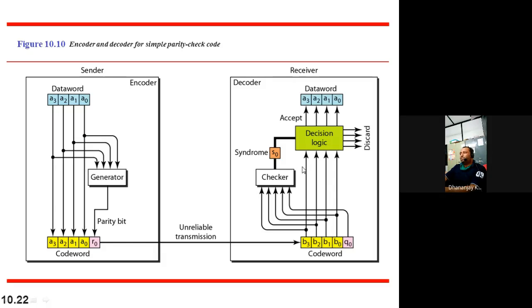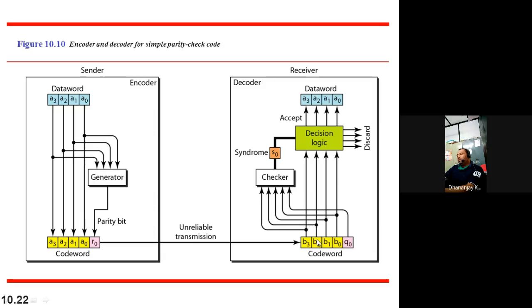decision block. That means all the data will be available here, but it will not go to the receiver side directly. It will wait for a decision to come, and that is why this block is called decision logic. What would the decision be about? The decision would be whether B3, B2, B1, B0 is the same as A3, A2, A1, A0.